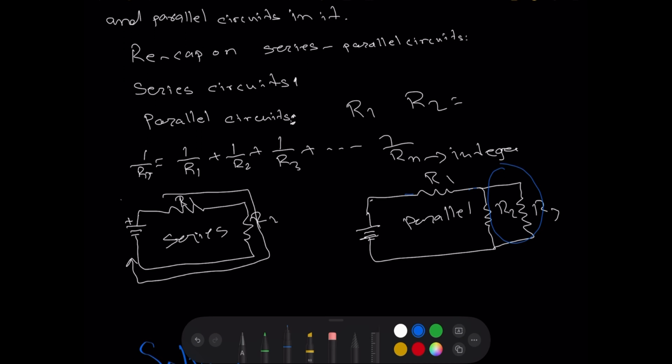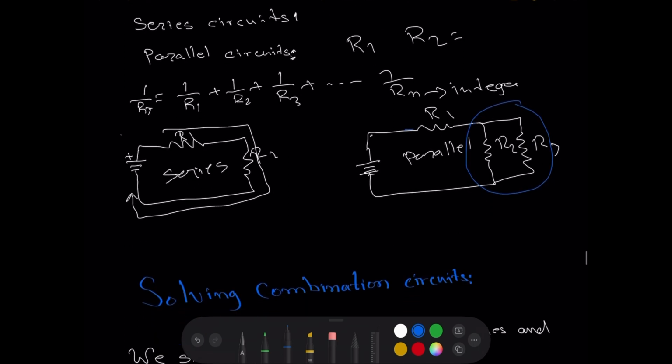So we have both kinds of circuits there, and to solve it we have to simplify. We solve this part of the circuit first, and once we do that it will become a circuit like this, with R1 and R2 plus R3 being this one.